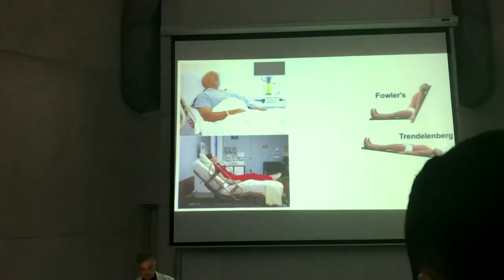That's why patients with problems in the peritoneal cavity, you put the bed like this, so that it's called Fowler's position. Don't make the mistake of lying down, or even Trendelenburg, where the head is lower than the feet.